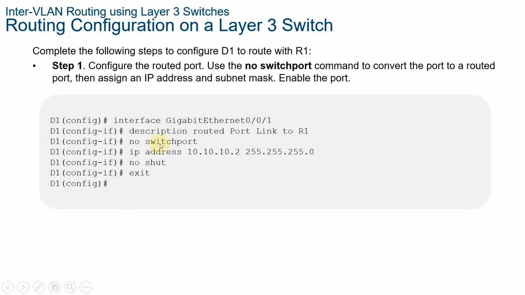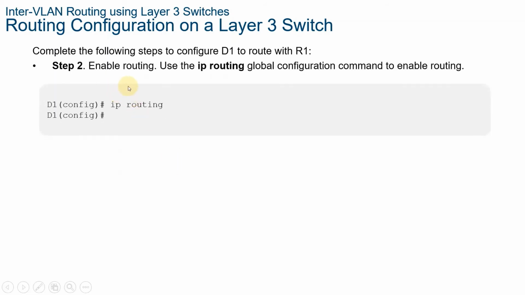After the no switch port command, we can now assign an IP address, in this case 10.10.10.2, with mask 255.255.255.0, and then no shutdown. The second step is to enable routing. That is as simple as ip routing.